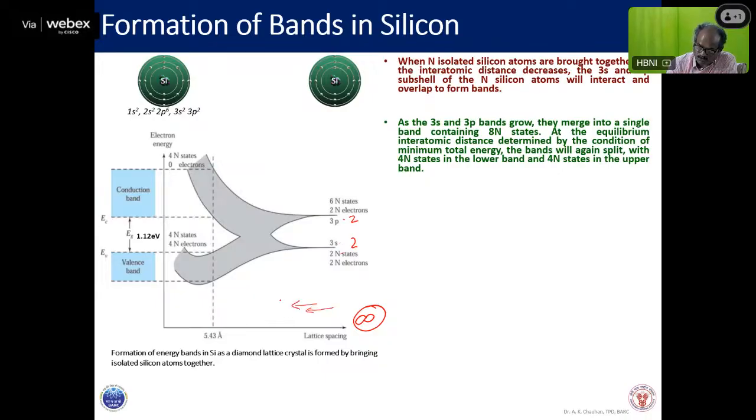At this particular point they start splitting, which shows that they have started interacting with each other, because it is no longer a single atom entity. Up to this place there was absolutely no problem. All atoms were behaving absolutely in the atomic form.